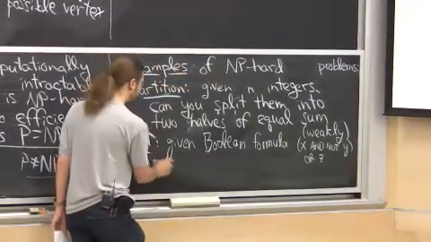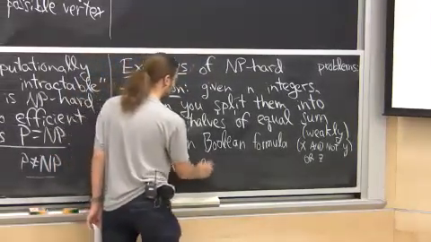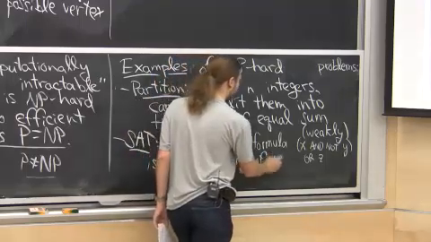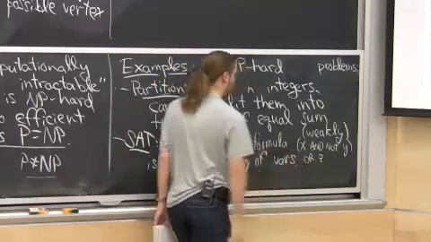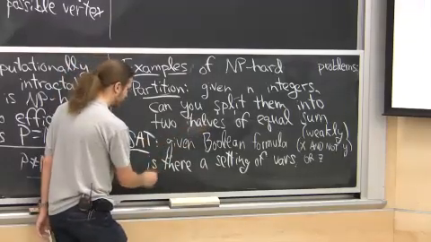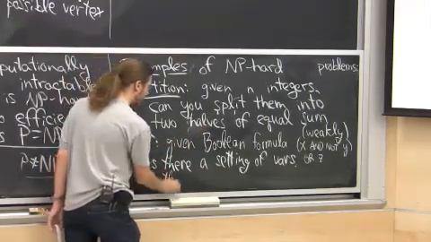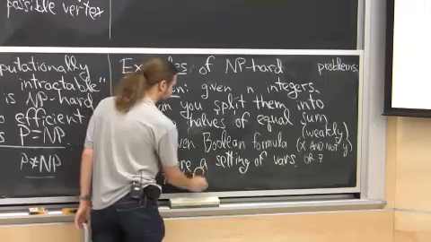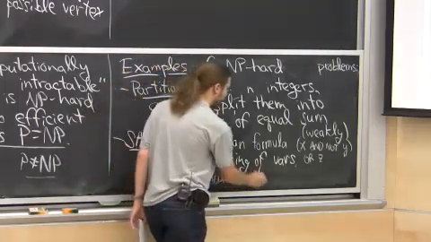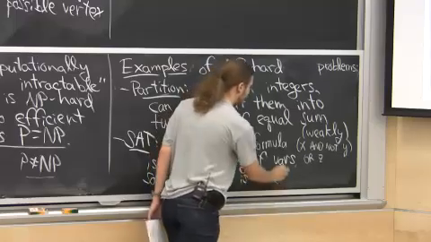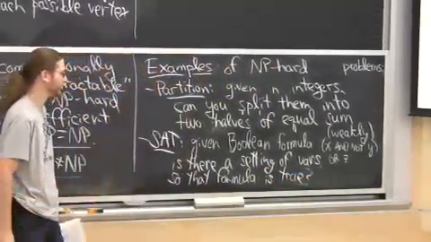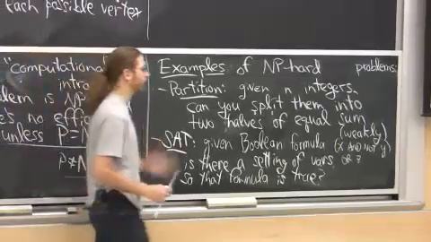Is there some setting to the variables x, y, and z, or in general there's n variables, so that the formula is true? So we'd say the formula is satisfied. And that's NP-hard. And here there's not even any numbers to make it hard. So we call this problem strongly NP-hard.